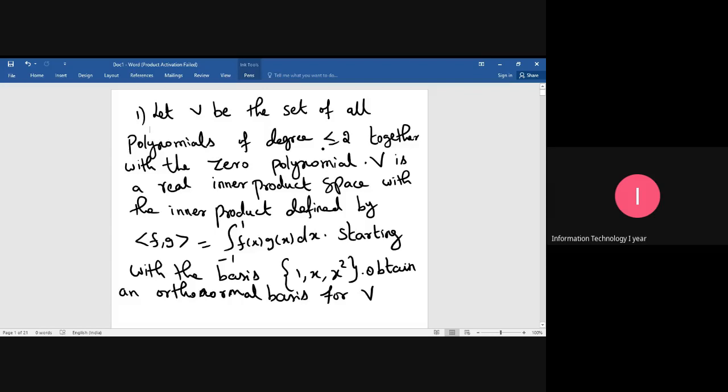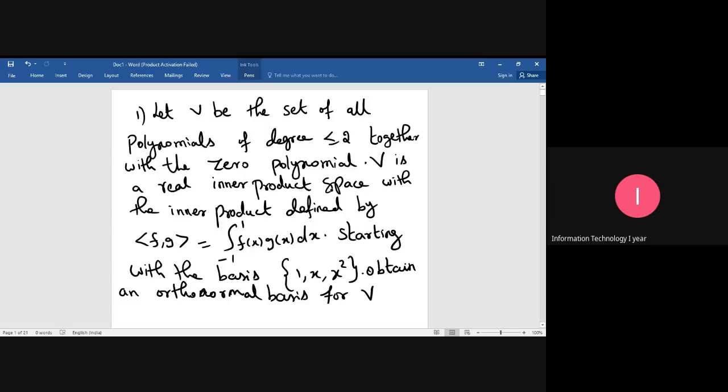In the previous problem it was V3 of R, which means it contains 3 elements and R is the real numbers. But here V is the set of all polynomials of degree less than or equal to 2 together with the zero polynomial also. Zero polynomial you know, right?